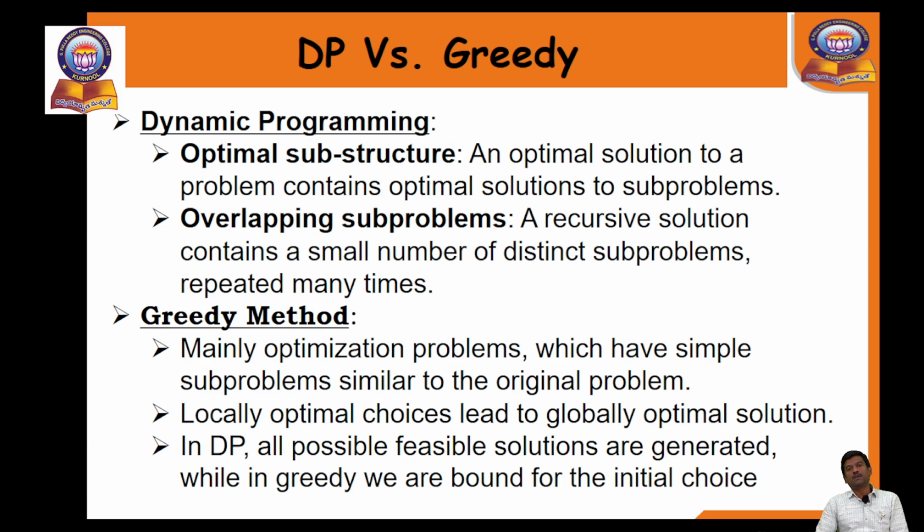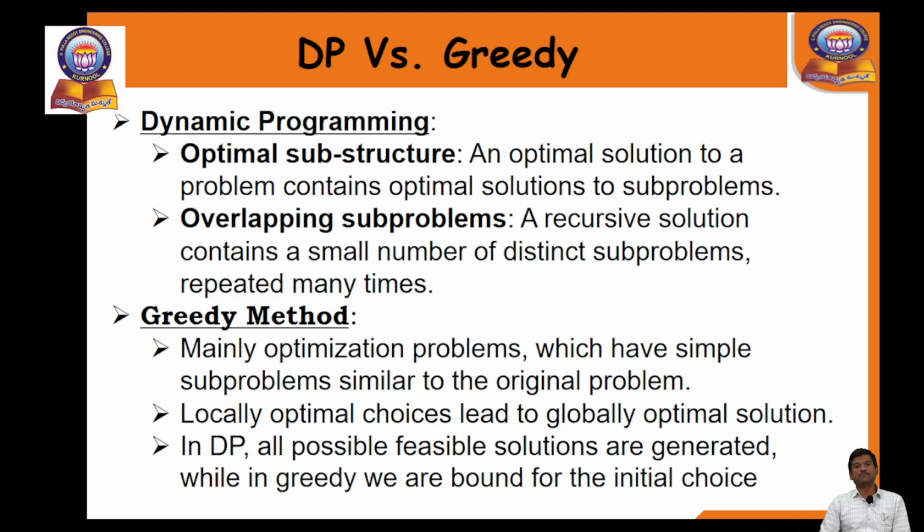Problems that can be solved using dynamic programming include the multi-stage graph problem, string editing, 0/1 knapsack, the traveling salesperson problem, and optimal binary search trees, that is, optimal cost binary search trees.